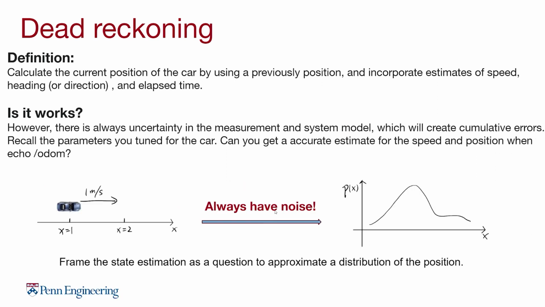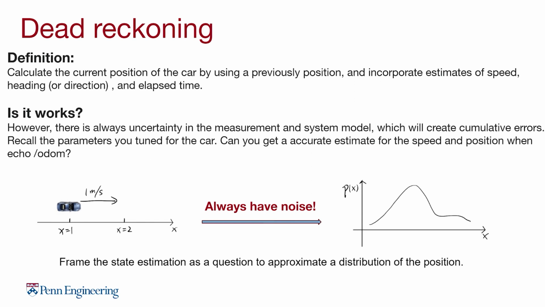So to explicitly express this uncertainty, we can use probability. Instead of saying that the car is exactly at some position, we can say there is an 80% chance or 90% chance that the car is at that position.